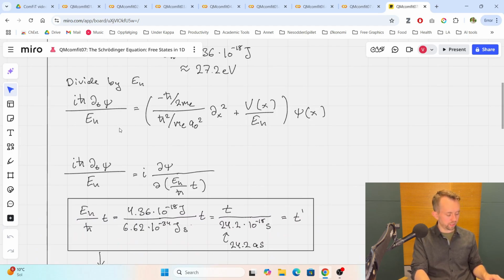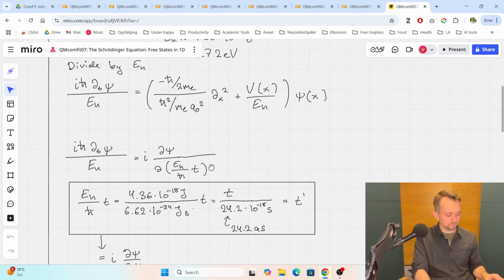So the left side of the equation, I can write it like this. I take h bar and put it under the sine, and then I write out dt psi as the dt, and then I put that inside this parentheses here.